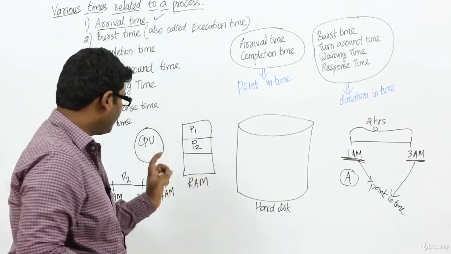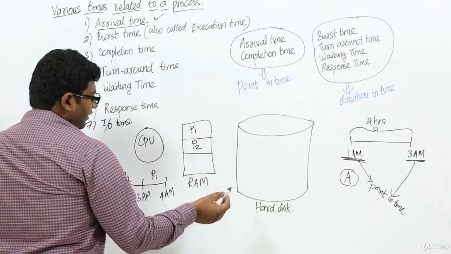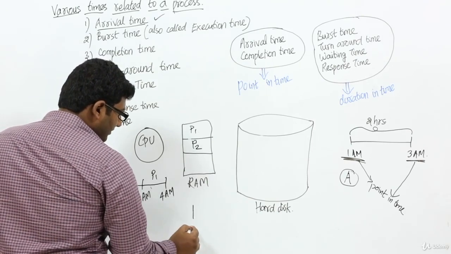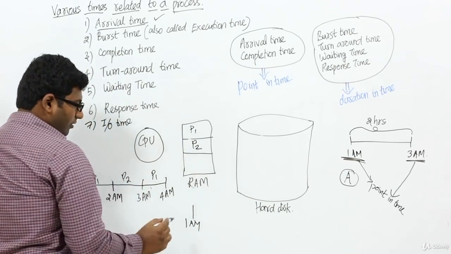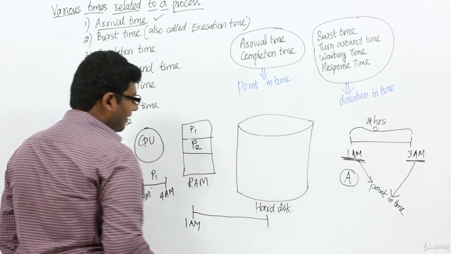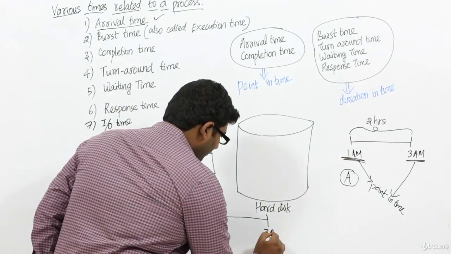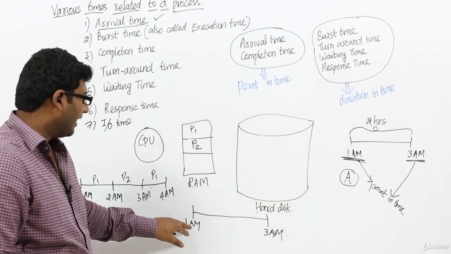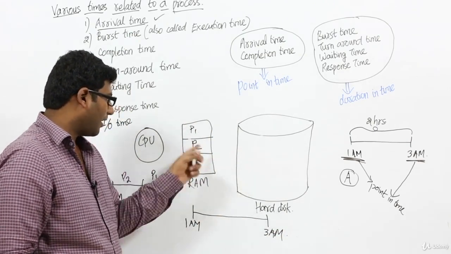Now, let us assume the process has arrived into the RAM at 1 a.m. Now it has completed its execution, which means the entire process is done at 3 a.m. This 1 a.m. is called the arrival time, which means this is the time at which the process came into the RAM.